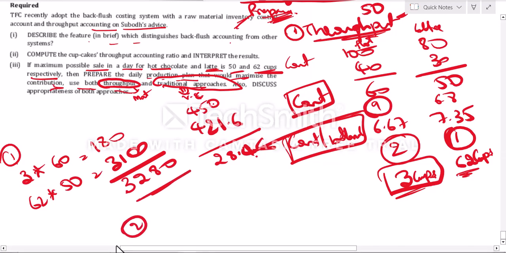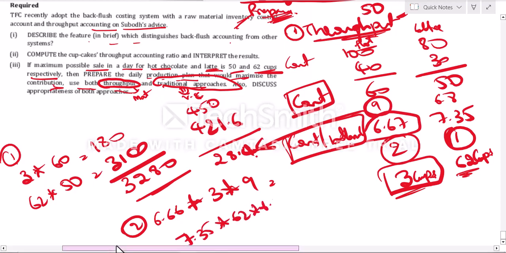But as the second method, if we want to consider the contribution per bottleneck, 6.66 into number of units 3 into the bottleneck resource we have to use, 9. And for this, 7.35 into 62 cups into 6.8.